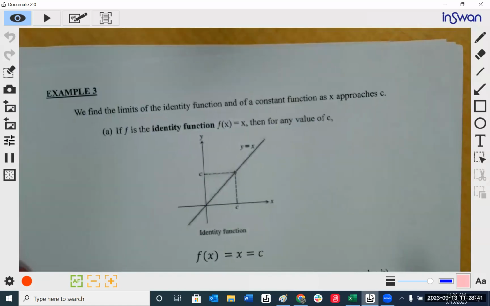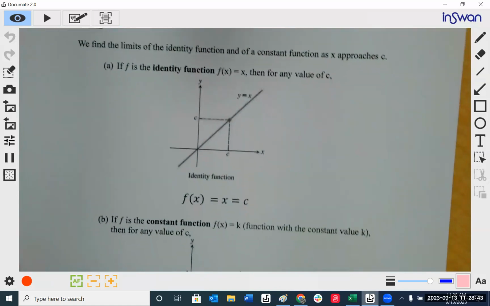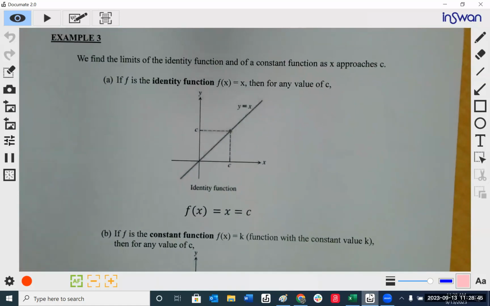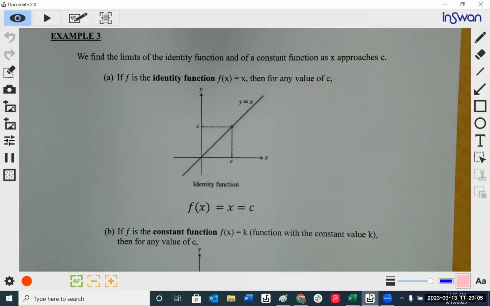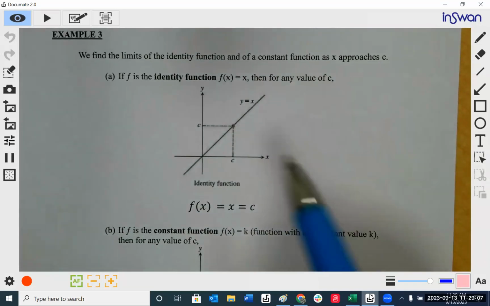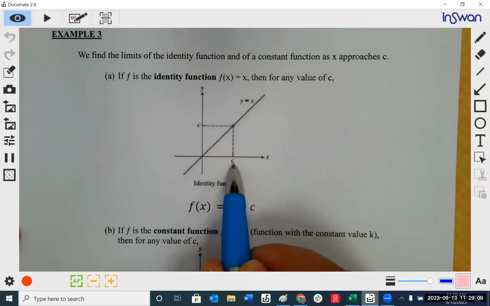Let's look at this one. Find the limit of the identity function and of a constant function. Do the limits exist there? Here's our c.